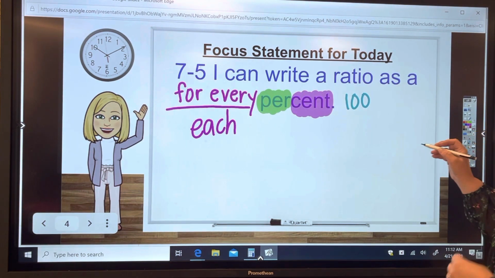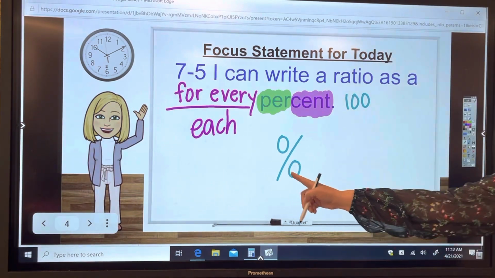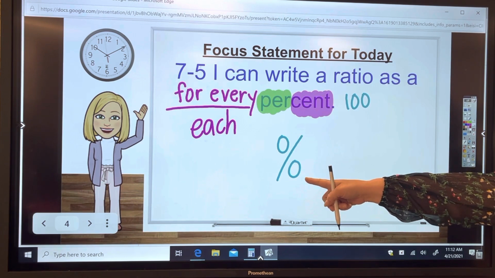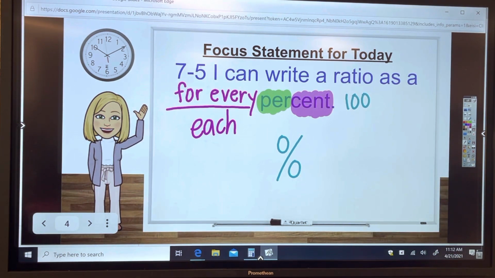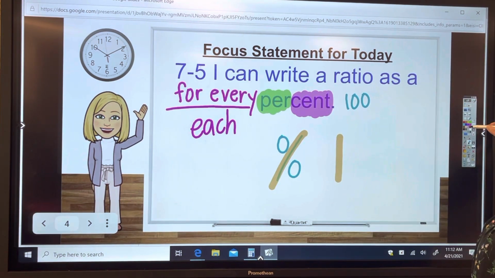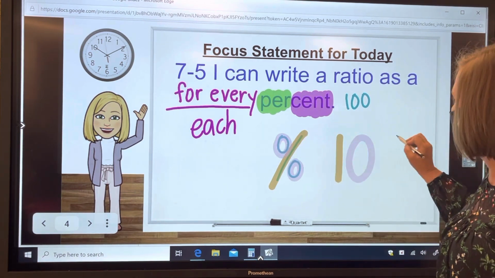Now, our symbol for percent looks like this. How many people have seen that symbol before? Everybody in here has seen it in core values, because we've had a number 1 question that's had percentages before. Now, if we look at this, we've got 1, 0, 0.